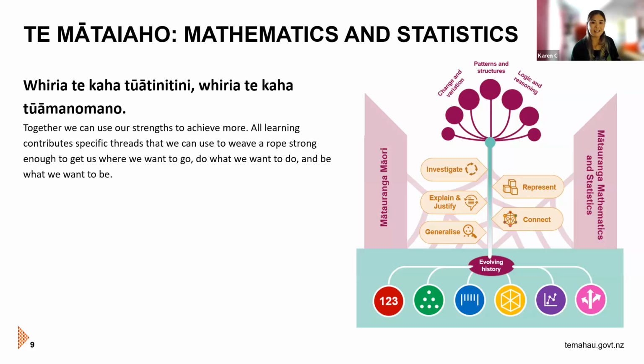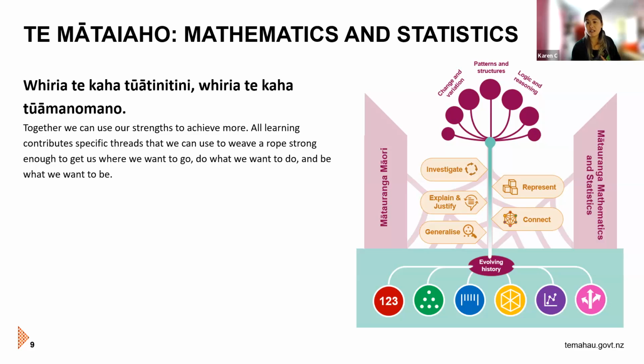You may notice that this is the same whakataukī used for the new numeracy standard. This is by design, so as learners develop numeracy and master the skills foundational in numeracy, because of the patterns and structures they see in the world around them, this allows them to weave a rope strong enough to get them where they want to go, do what they want to do, and be what they want to be. And this is reflected in the numeracy whakataukī.